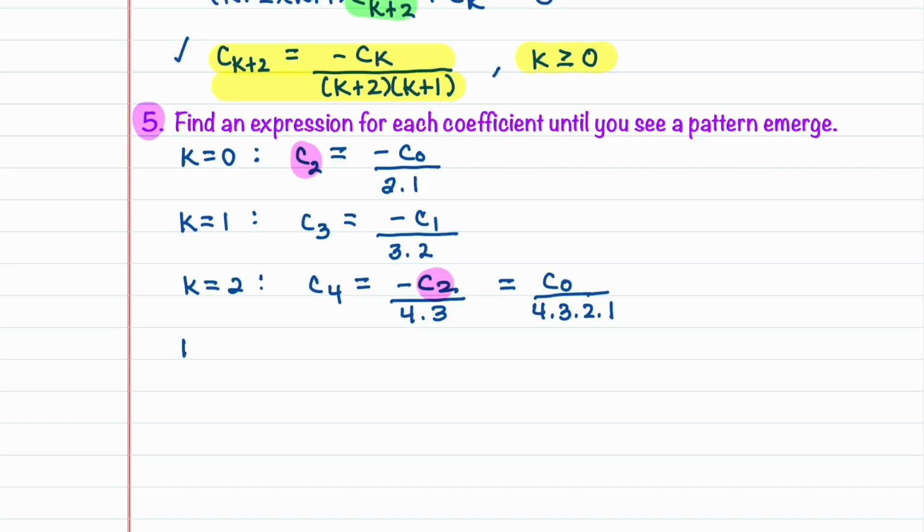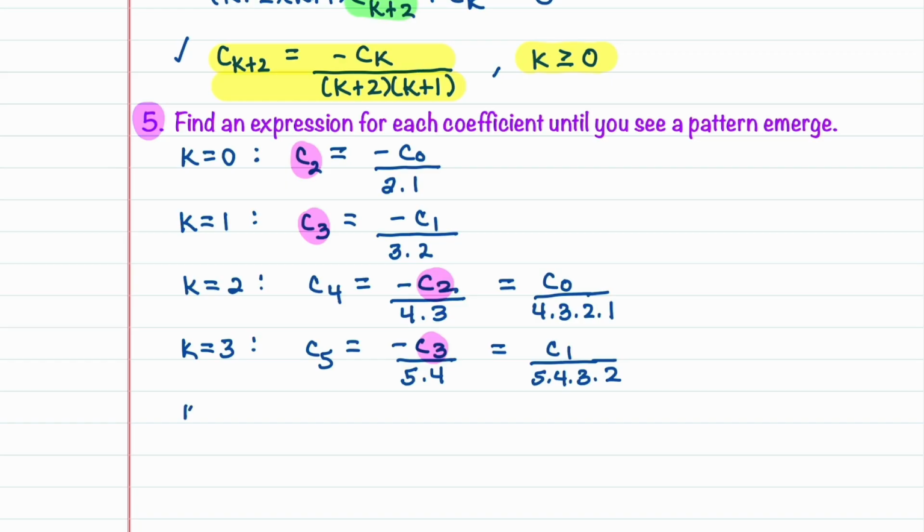Let's now do k is equal to 3. So we have c5 is equal to minus c3, all divided by 5 times 4. Now we're going to substitute in for c3. The two negatives are going to cancel, and we get c1, all divided by 5 times 4 times 3 times 2.